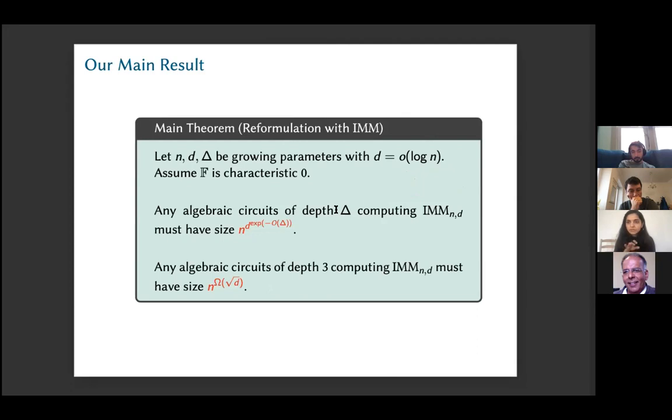For larger depths, because there is an inverse exponential dependence on delta, we are not getting tight lower bounds for higher delta. That's an open question we would like to answer. But at depth equal to 3, so sigma pi sigma circuits, we are able to show that to compute this IMM polynomial, you do require n to the omega square root d size. The depth reduction tells us that this much is sufficient, and we are able to say that this is required.